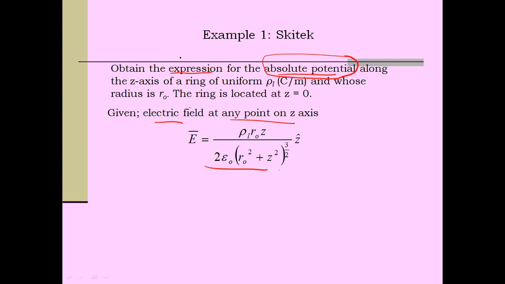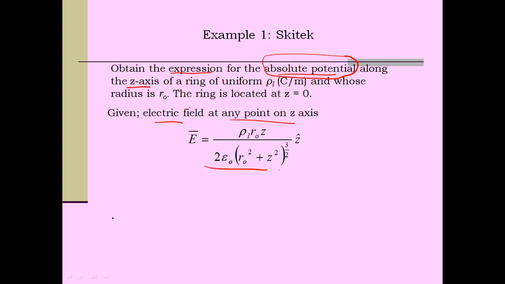We can actually use two methods to find the absolute potential at the requested position, which is along the z-axis of a ring.